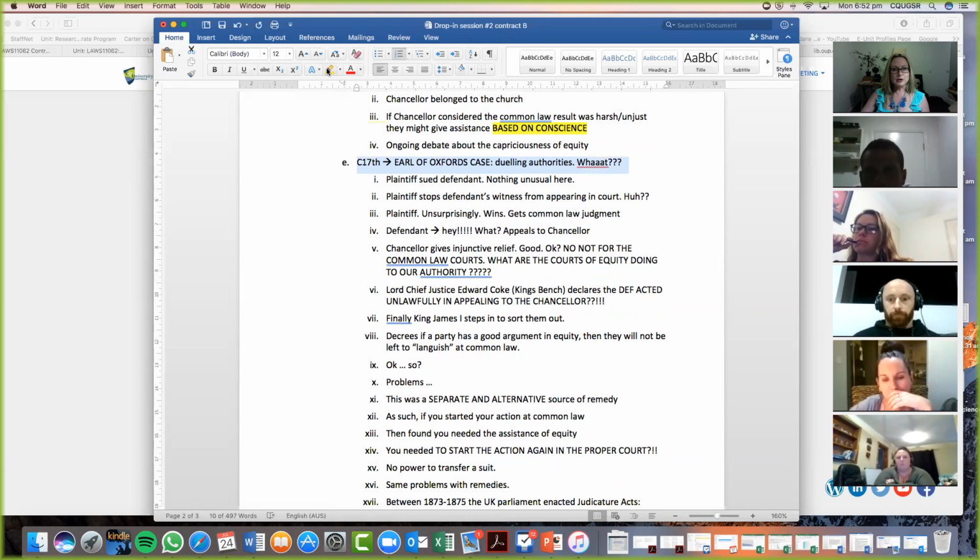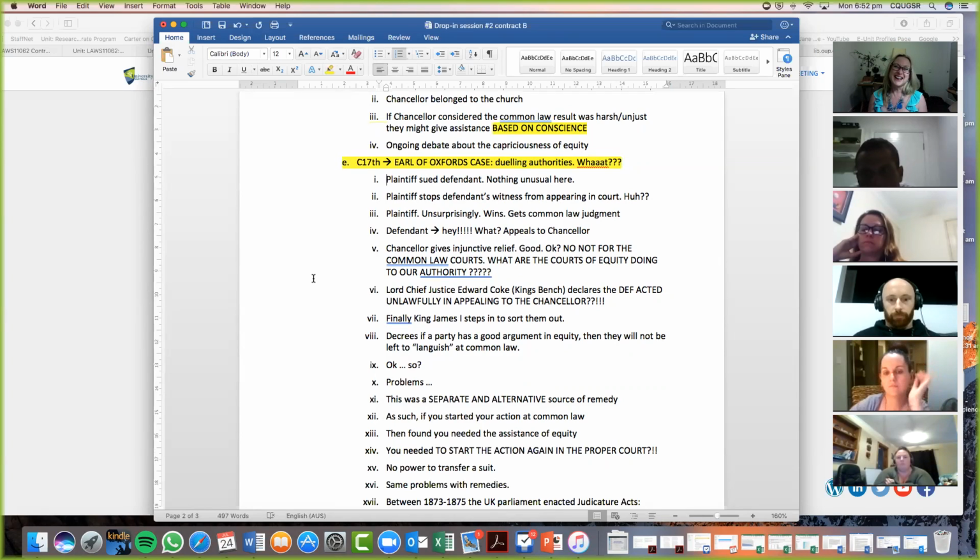And it all came to a head in a case in the 17th century called the Earl of Oxford's case. I think it was about, don't quote me on this, 1640-ish. And it was rather interesting. Plaintiff sued the defendant. So what? The plaintiff actually stopped the defendant's witness from appearing in court.